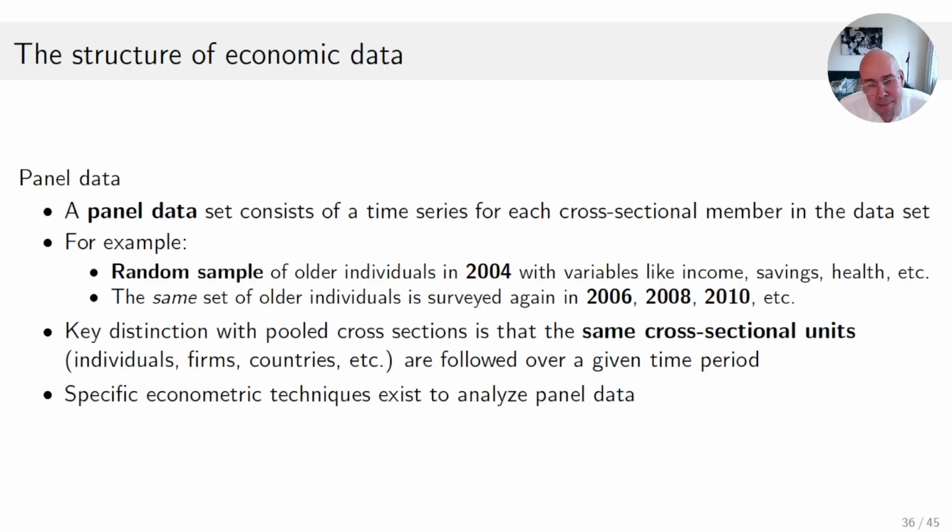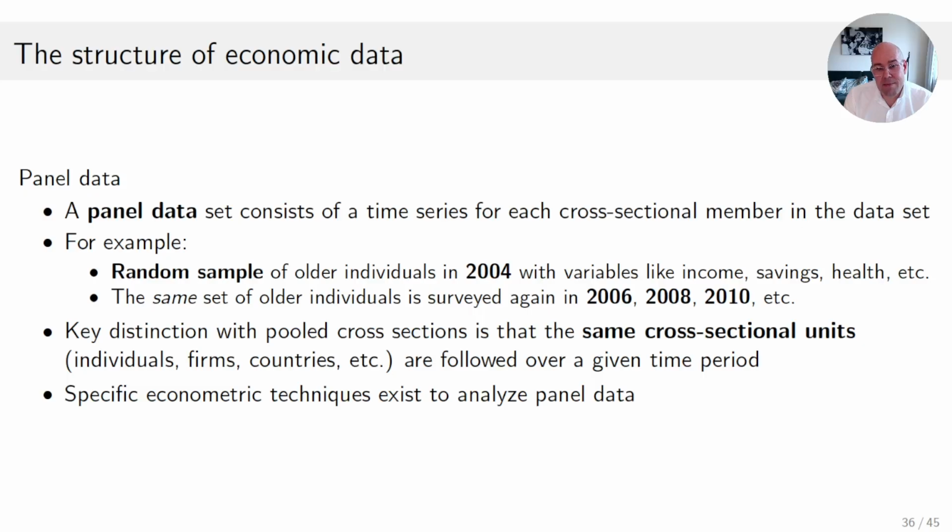Finally, panel data, closely related but a bit different. So a panel data set consists of a time series for each cross-sectional member in the data set. So for instance, you would have a random sample of older individuals in 2004 with variables like income, savings, health, etc. And the same set of older individuals is surveyed again in 2006, 8, 10, etc. So on the way you might lose some of them because they drop out of the sample, they don't answer anymore, or they die.